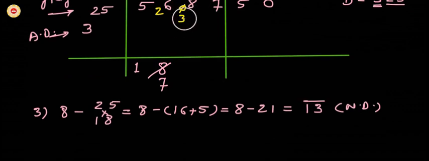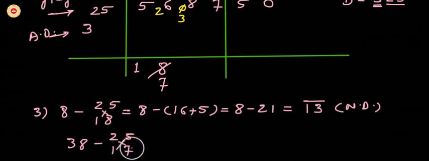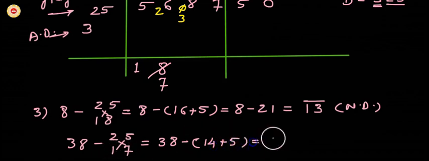Now 38 is new gross dividend. Let us calculate net dividend. 38 minus 1 7. Let us calculate cross product and subtract. 38 minus 7 2s are 14 plus 1 5s are 5, which gives us 38 minus 14 plus 5, 19.